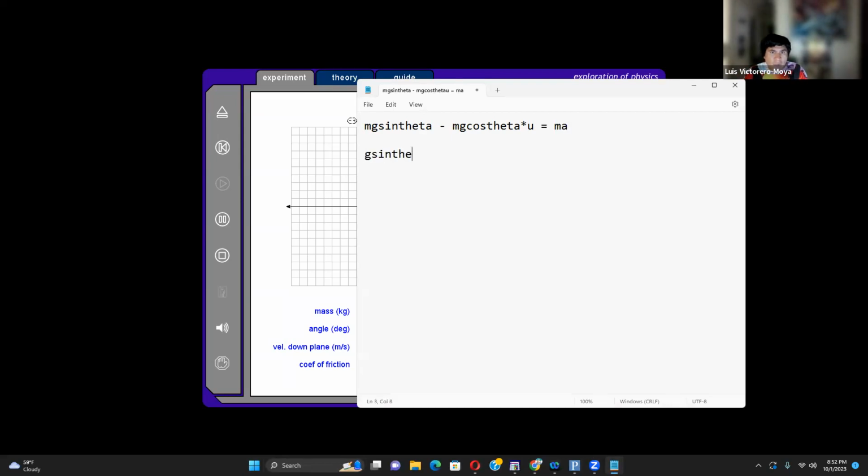So g sine theta, which was the acceleration without friction, minus g cosine theta times mu equals the acceleration. The acceleration you will find in the graph, theta is given, and g is equal to 9.8. And that's how you compute it. You will do this a few times.